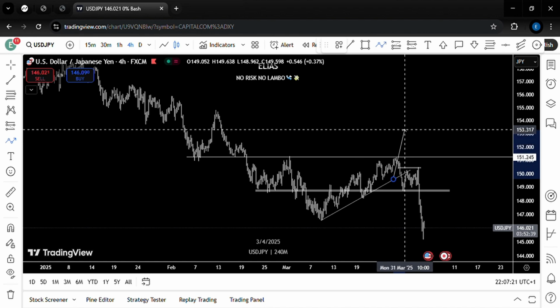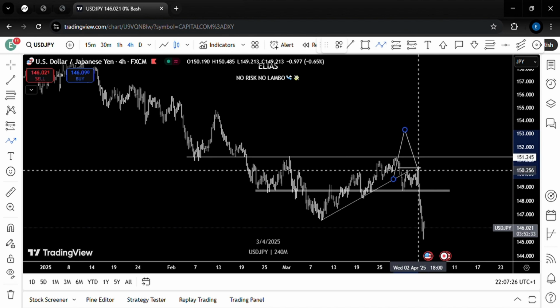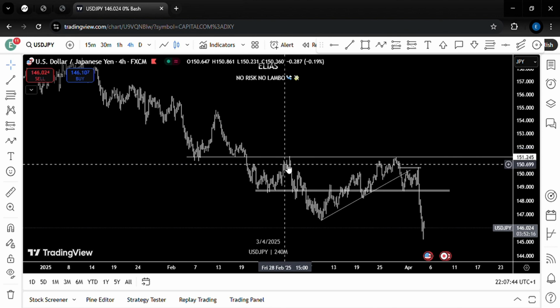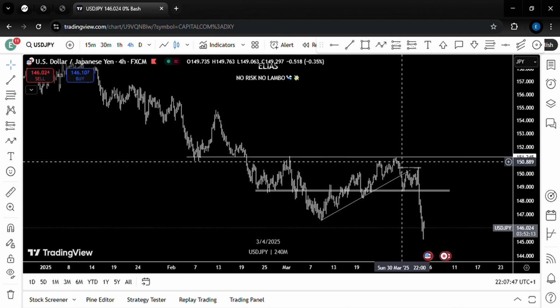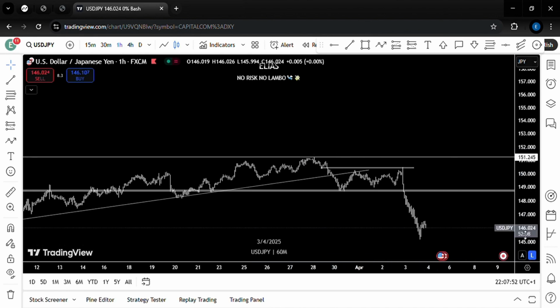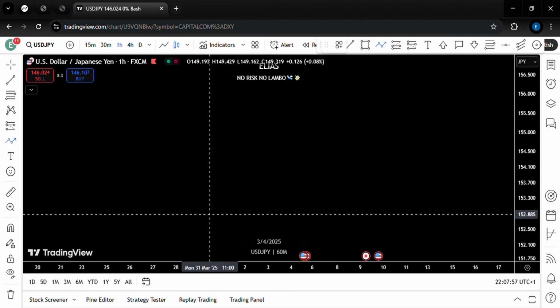So if price had traded above this high, then we may consider that maybe price has changed direction. But as you can see here now, price didn't break above this high. It got rejected here. And then when we come to 1 hour time frame, remember I told you for every impulsive movement there will be a correction.